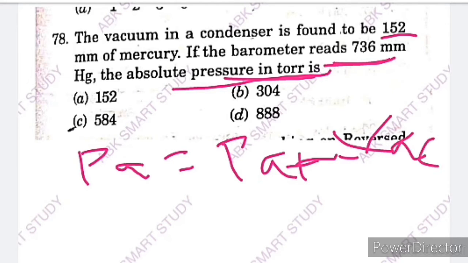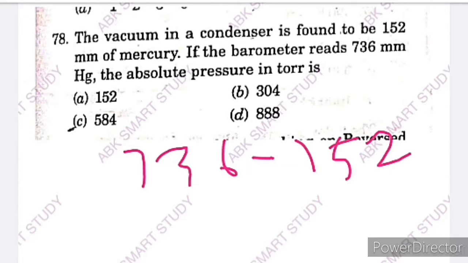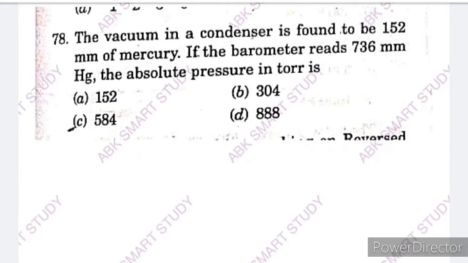So here the barometer reads 736 minus vacuum 152. So 736 minus 152 millimeter is equal to 584 millimeter of Hg. So absolute pressure is equal to 584 millimeter of Hg, and this is given in option C. So here option C is the correct answer.